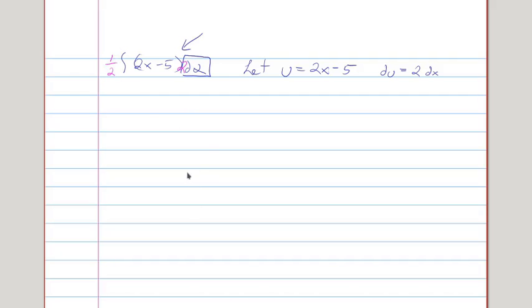So I just multiply by 1/2 and a 2. And there I have my 2 dx. Okay, so what I'm integrating now is, I'm saying u is 2x minus 5, so I'm going to call that u, and this 2 dx, that is my du.